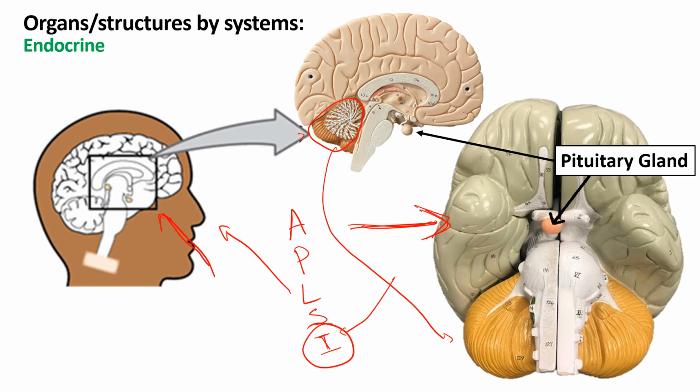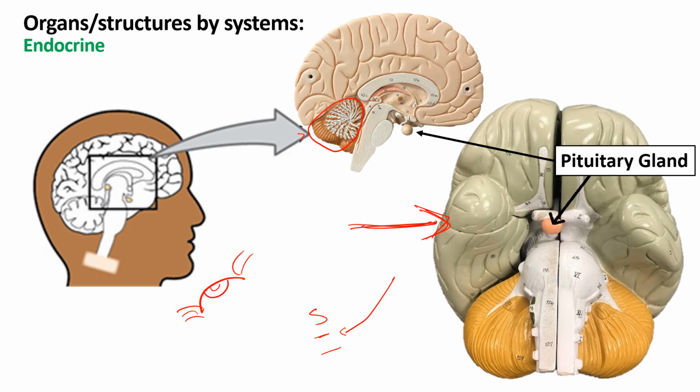Imagine this is your eyeball, and you're looking at the brain in this direction. When you look at the brain there, you're going to see this gland that is not inside of the brain, but is very close. That is the pituitary gland.